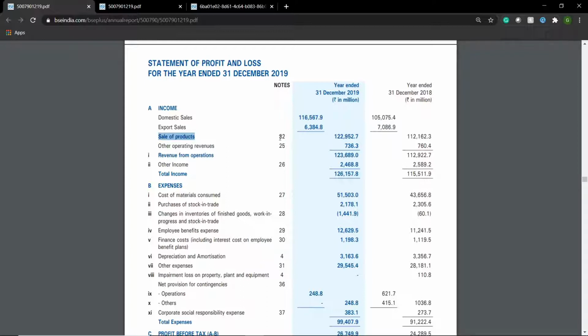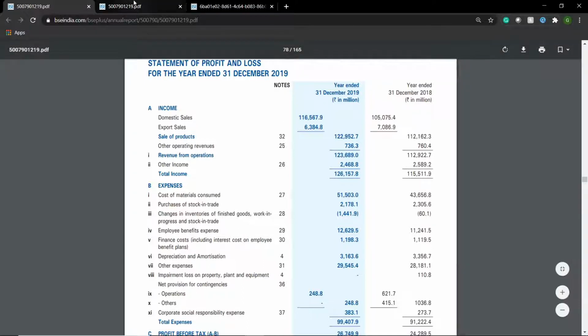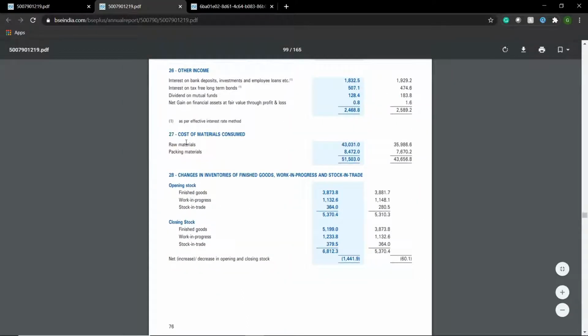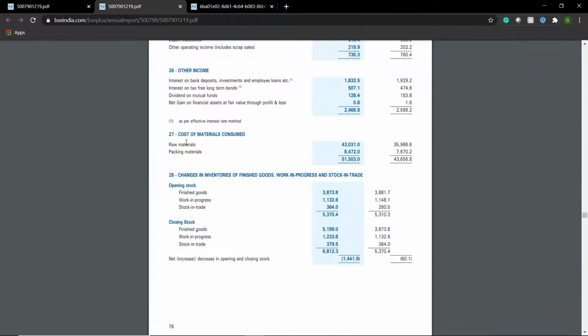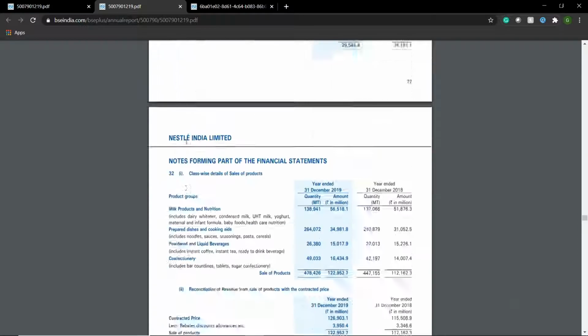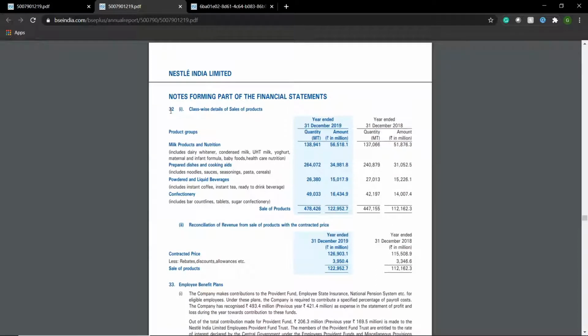But if you want to see which products the company produces and how much it generates from those products, you can go to this note number 32, which these notes are present after these financial statements. So I've opened it in another tab. So it was note number 32 here.